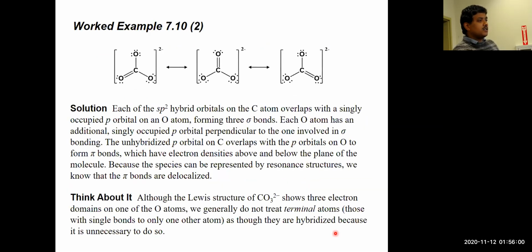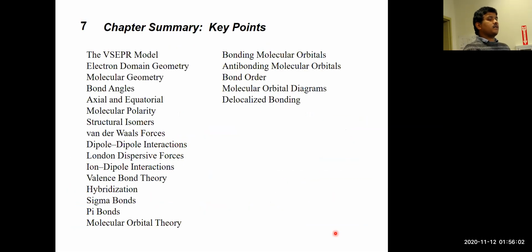Okay. So as a summary, this is everything that we discussed in chapter 7. We started from discussing the VSEPR model, then we went on to discussing what electron domain geometries are. Then we spent quite a bit of time on learning about molecular geometries and bond angles.